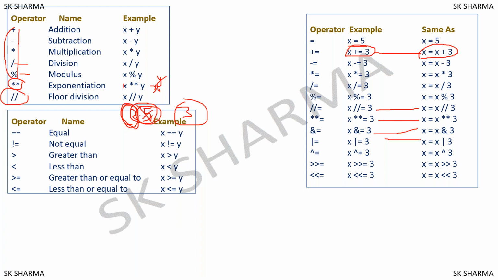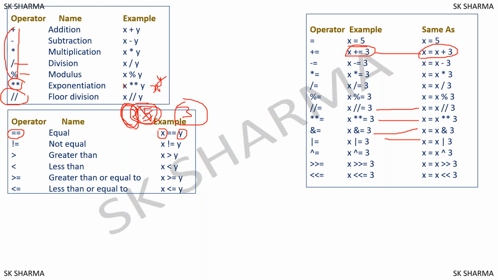So these are the comparison operators. We usually use these in programming, very commonly, to check whether two variables x and y have the same value. If yes, it results in true or false, which is Boolean.